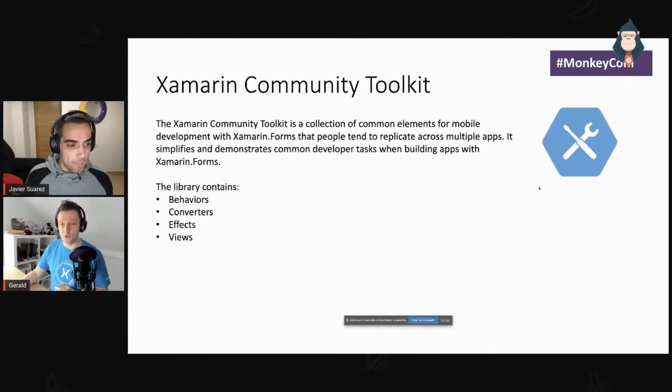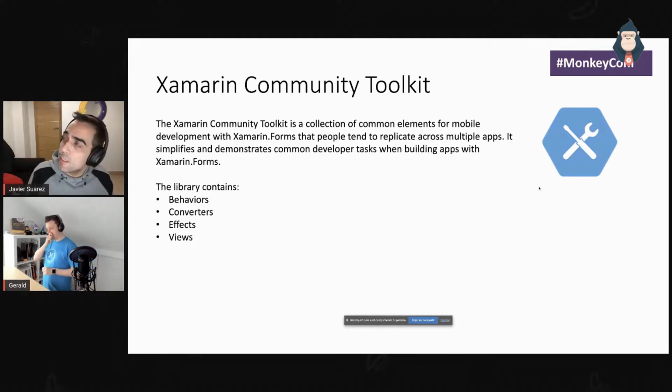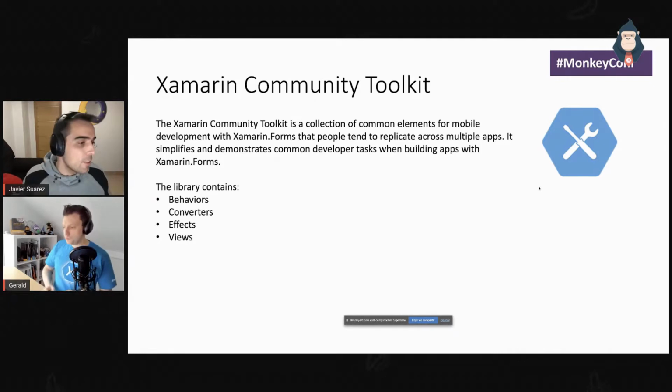So I think I'm up to go over the next thing, the behaviors. The community toolkit is a very interesting way to introduce new features and functionality. You might think, I will send a new spec for Xamarin Forms to create a floating button, for example, and I will send a PR to Xamarin Forms directly. Now, as you know, we are in a period where we are working on stability, performance, bug fixing, and improving stability in general.